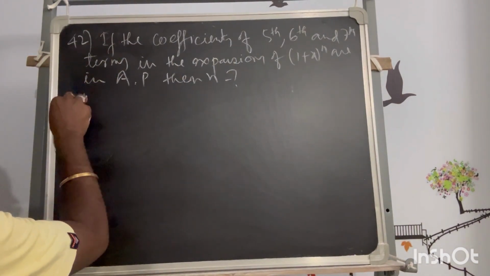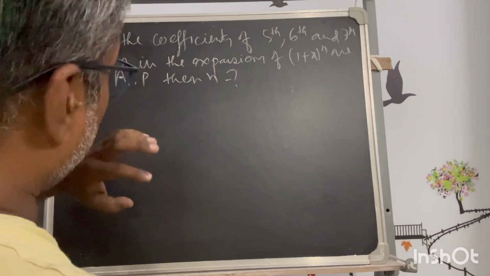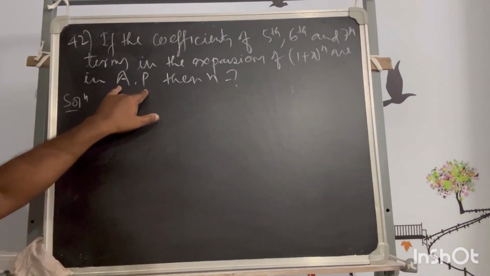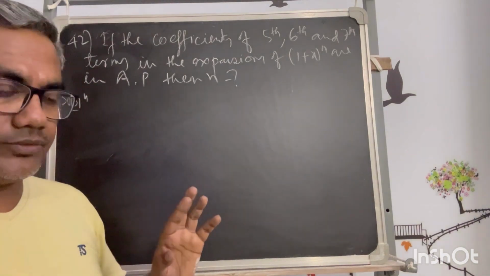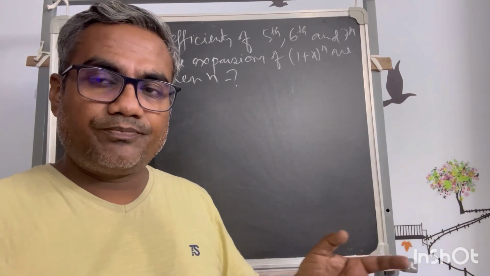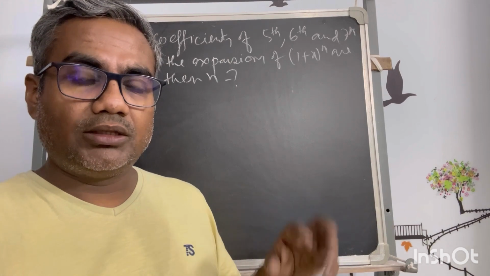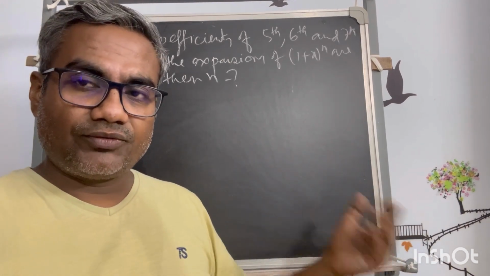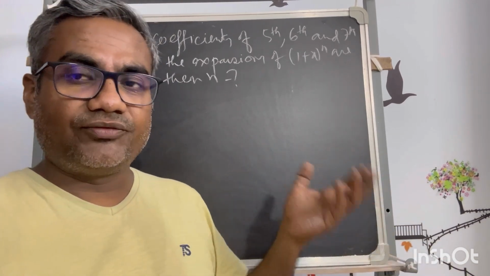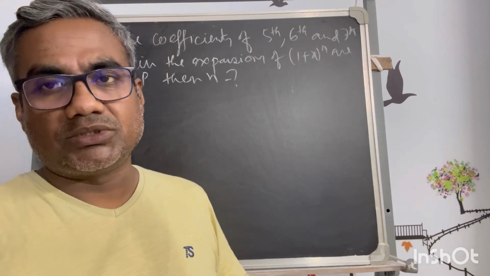For now, if AP is not known to you, although I have taught you in one of my videos, AP represents arithmetic progression. In any progression there are two possibilities: if successive terms maintain the same ratio, it is called a geometric progression. And if the differences of two consecutive terms are the same in a series, it is called an AP series, the arithmetic progression.